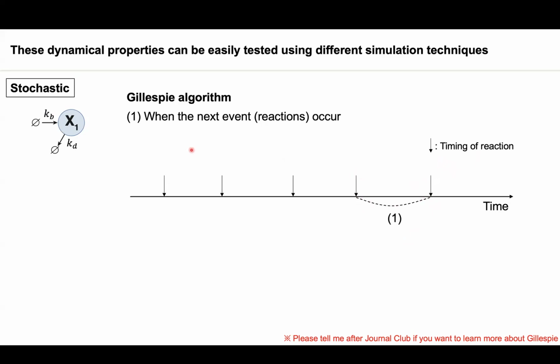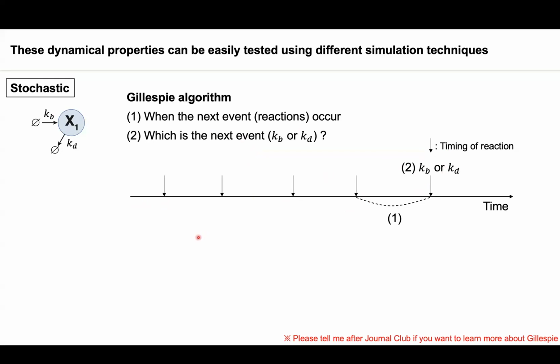It also determines which event it is. In this network, we have two possible reactions: one is birth and one is death. So the Gillespie algorithm determines the timing of each reaction and the type of the reaction.